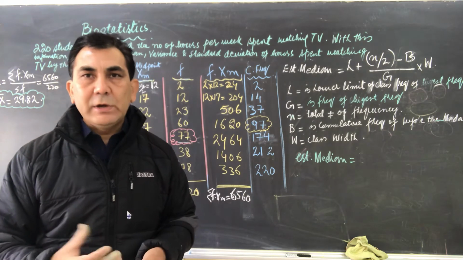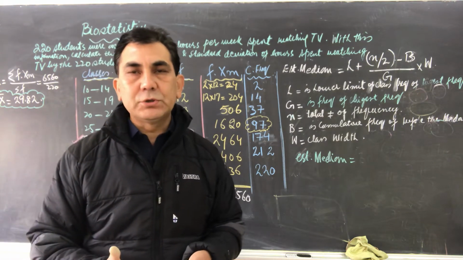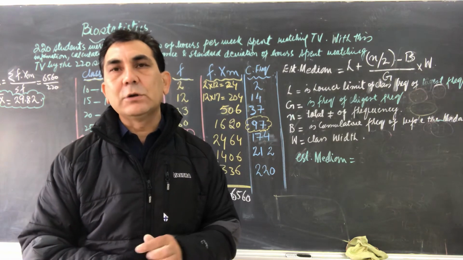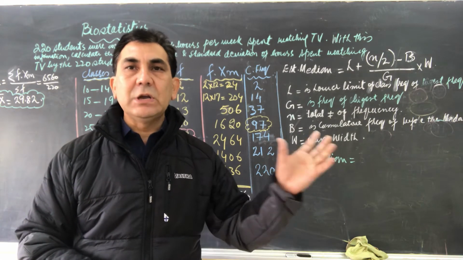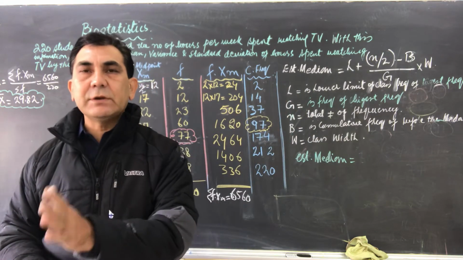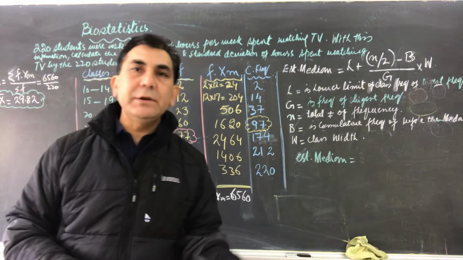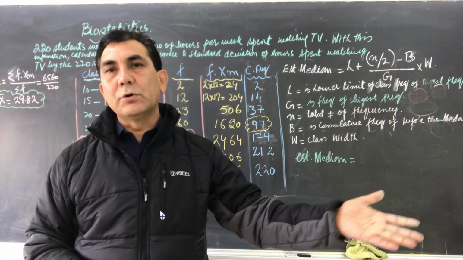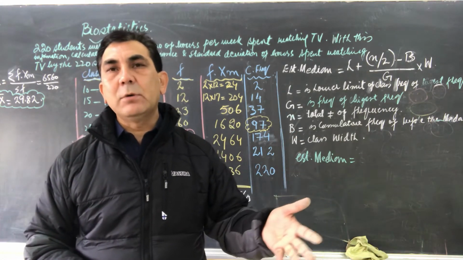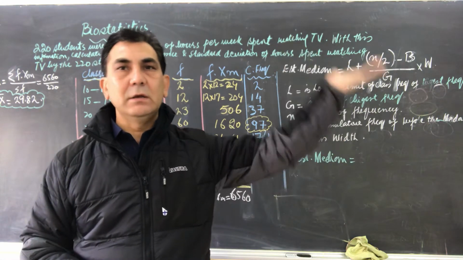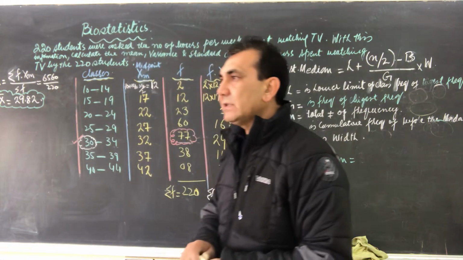To measure the mode from an ungrouped data set, it was very easy. The highest frequency value present in any data set is the mode. It may be unimodal, bimodal, or tetramodal, which I explained in the previous lectures.